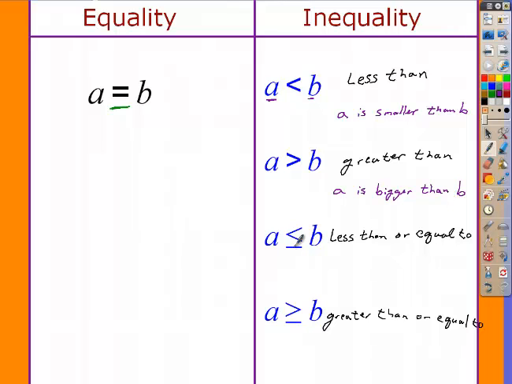Now here it's just the same as above. A less than or equal to B means that A is either smaller than B or at most the same value as B. A greater than or equal to B means A is always bigger than B, or at the very least equal to B. That will make more sense in a moment when we get to what this looks like on a number line.